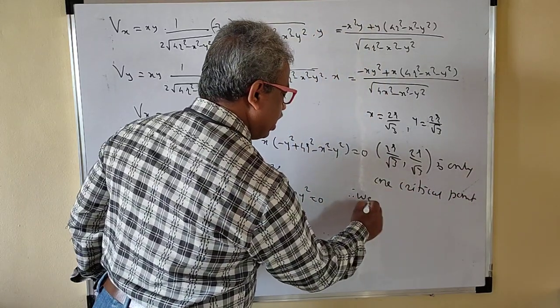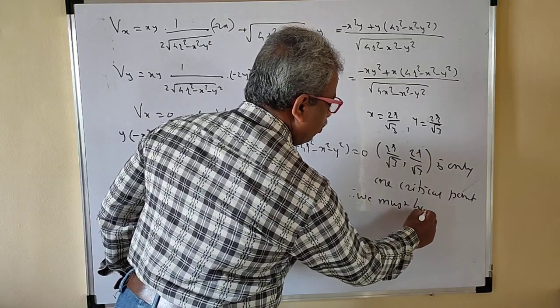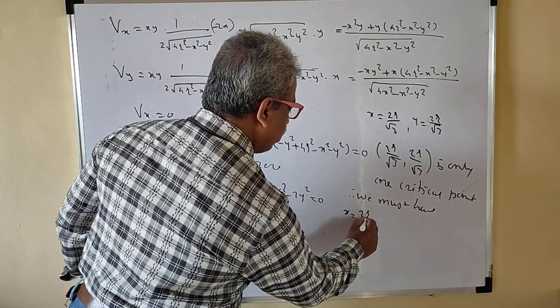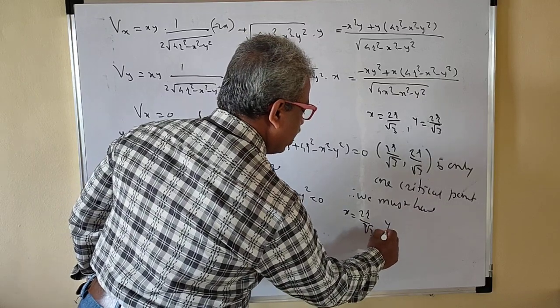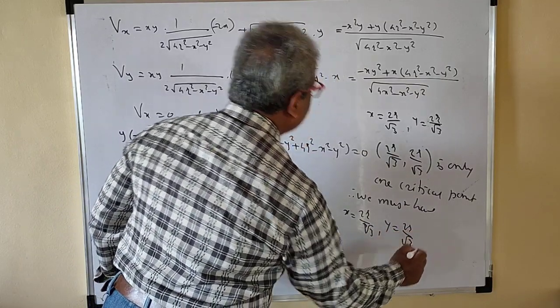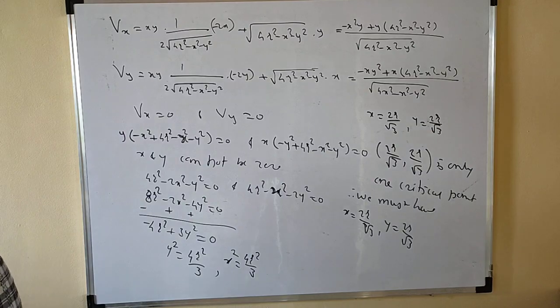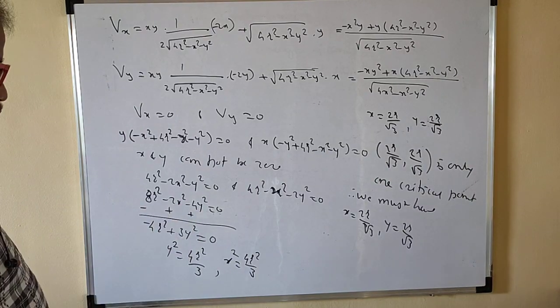So therefore we must have x is equal to twice r by root 3, y is equal to twice r by root 3, and you can find the value of z with the help of that, root of this one.